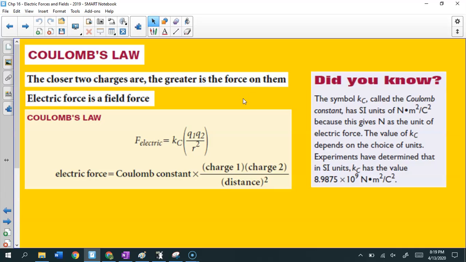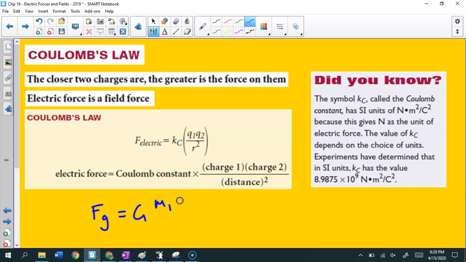What's very cool about Coulomb's law is it mirrors the law that Newton had. Newton's law said G times mass of the first, mass of the second, over the distance between those two masses squared. And we used to use this for planets, right? And it told us how much gravitational force existed between those two planets.